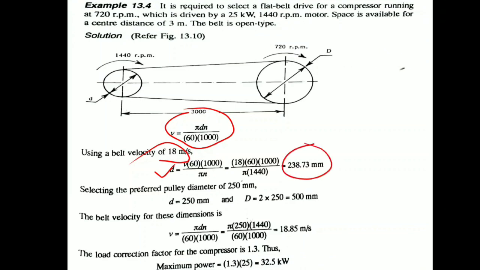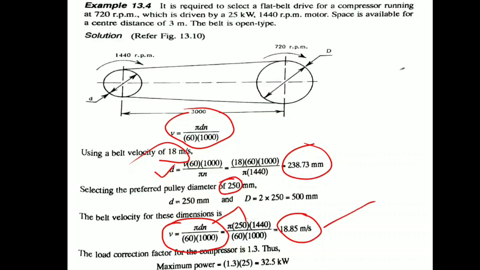We have to take a round figure, so I took 250 mm. Now if I take 250 mm, again I use the same equation, put the value of small d as 250, and calculate the velocity, which is 18.85 meter per second, and this we are going to carry for further calculation. Clear?